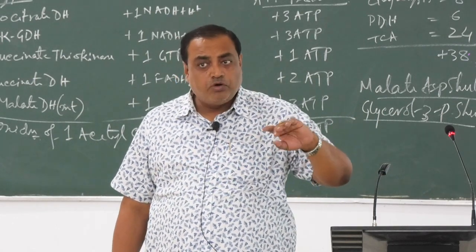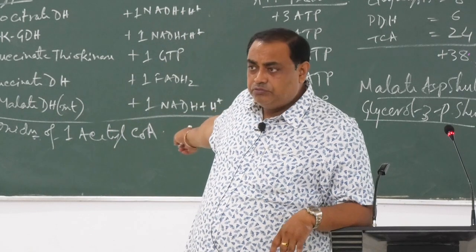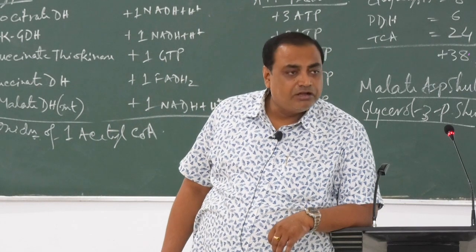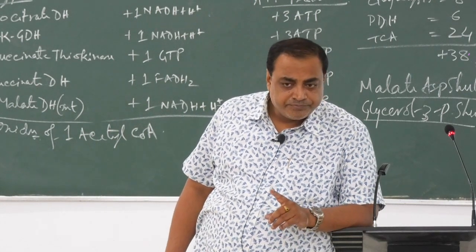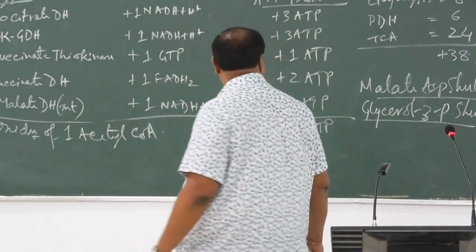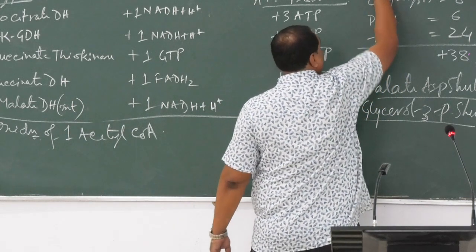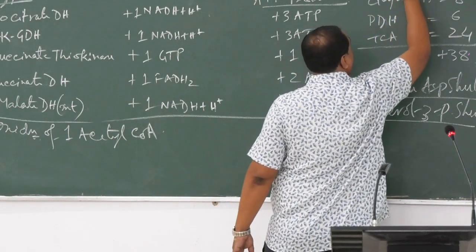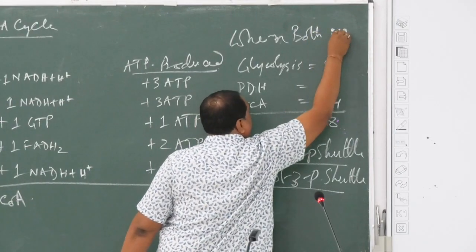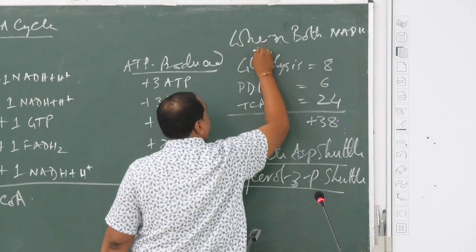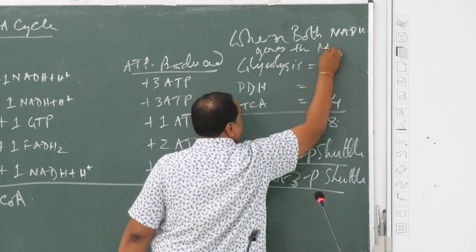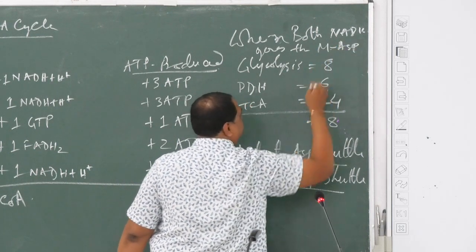Either of these. So, if they go through the malate shuttle, then this calculation stands true. But if they go through the glycerol 3-phosphate shuttle, then the calculation will change. What will happen? Instead of 8, when both NADH go through the malate aspartate shuttle, this is right.